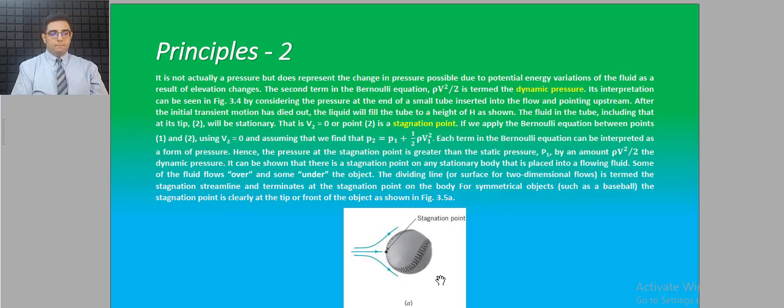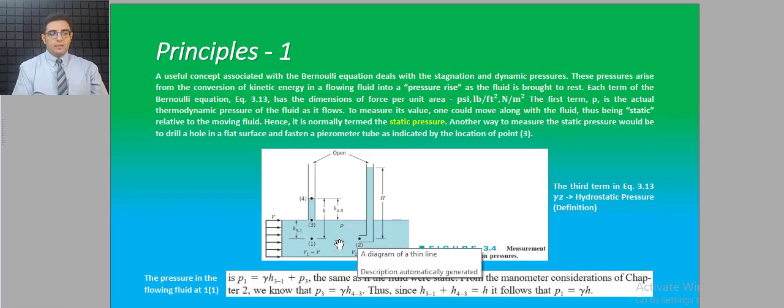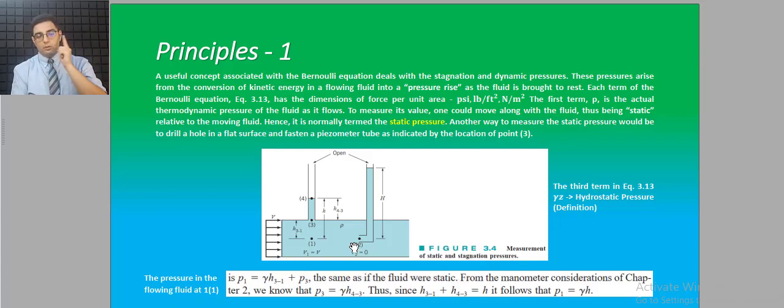So moving along this line from point 1 to point 2, there's a piezometer here. At the inlet, there's a tip. When a streamline hits the tip, there's a stagnation point, which means the velocity reaches its minimum, which is 0, and the pressure goes to the climax.